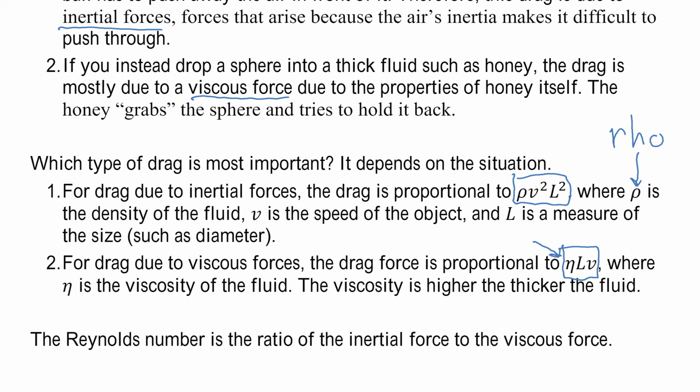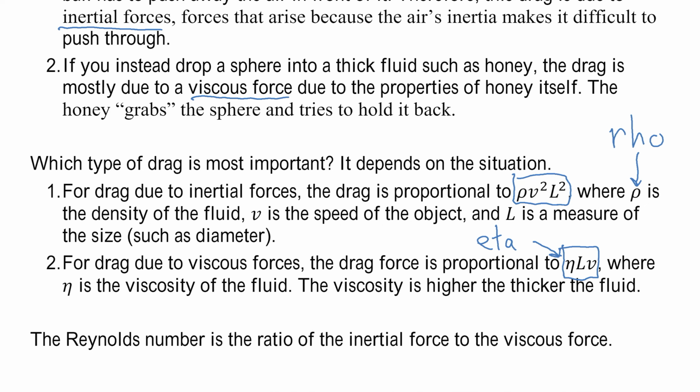And so in this case, we have another Greek letter here. This funny looking N shape is a Greek letter, and that is the Greek letter eta, E-T-A, pronounced eta. So eta is the viscosity of the fluid. And then L is, again, like the diameter or some measure of the size anyway.